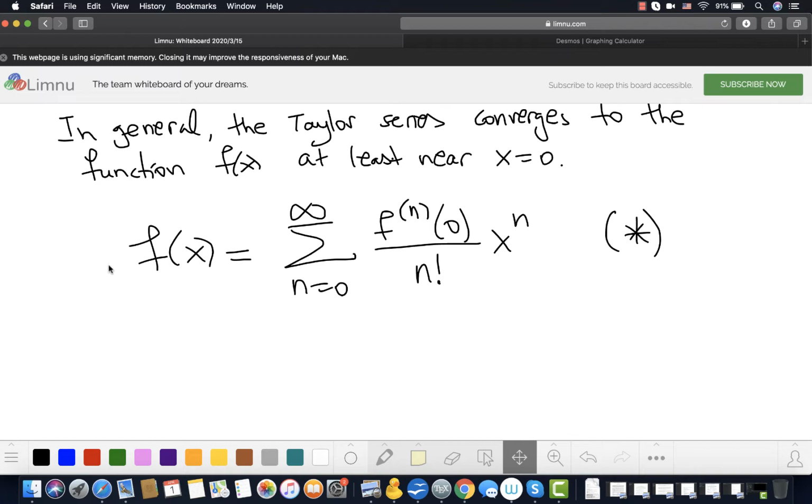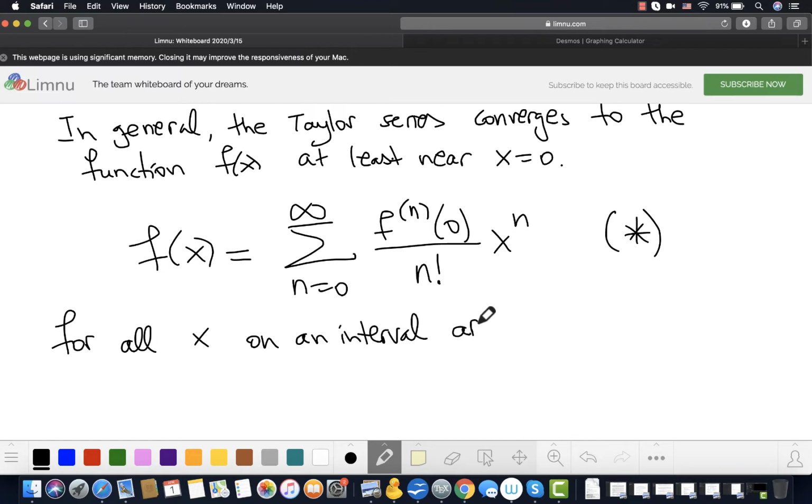And the amazing thing is that the function, as complicated as it may be, is equal to its Taylor series for all x near 0, so for all x on an interval around 0. This is the general situation.